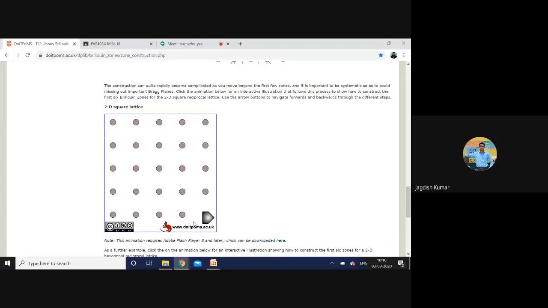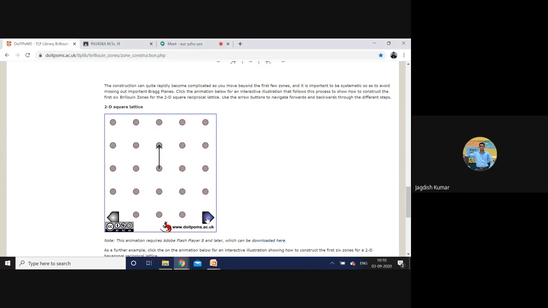Now let us see how to draw Brillouin zones in a 2D lattice. So what is our procedure? It is actually to draw the 2D Wigner-Seitz cell, right? So we choose one point as a reference. Let us assume I am taking this point as a reference. Then we have to connect this point to the neighboring lattice points.